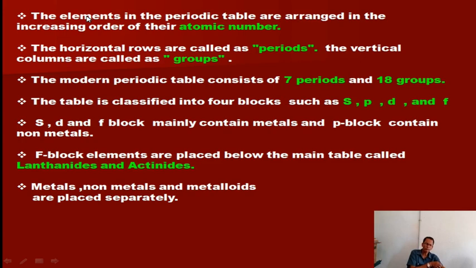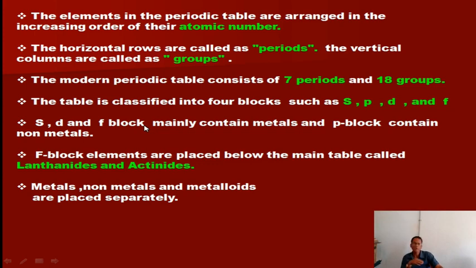Then some features of this table: the elements in the table are arranged in increasing atomic number, not atomic mass. The horizontal rows are called periods, already discussed, and vertical columns are called groups. The modern periodic table consists of 7 periods, horizontal, and vertical columns called groups, that is 18. The table is classified into 4 blocks.